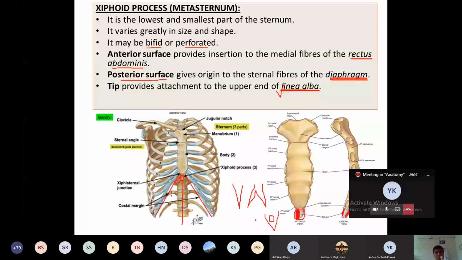So altogether, there is direct articulation of seven ribs with the sternum. One and a half ribs in the manubrium, and the remaining, how many? You can say five and a half ribs in the body.